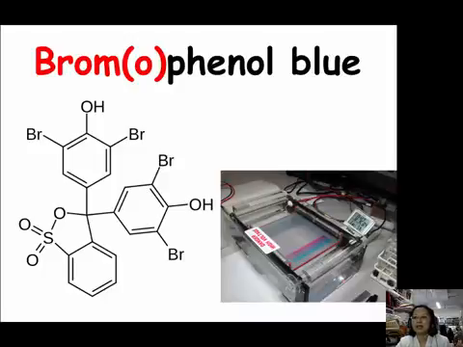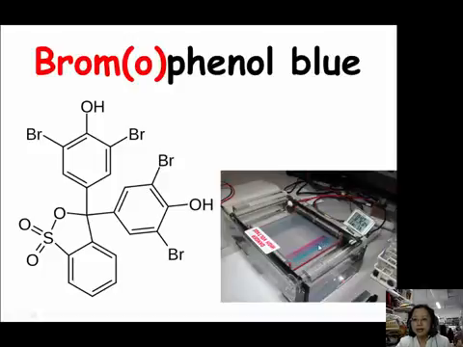The rate at which it migrates varies according to gel density and the buffer composition, but in a typical 1% agarose gel in a one-fold TAE buffer or TBE buffer, bromophenol blue migrates at the same rate as a DNA fragment of about 300 base pairs. And in a 2% agarose gel, it migrates as 150 base pairs.